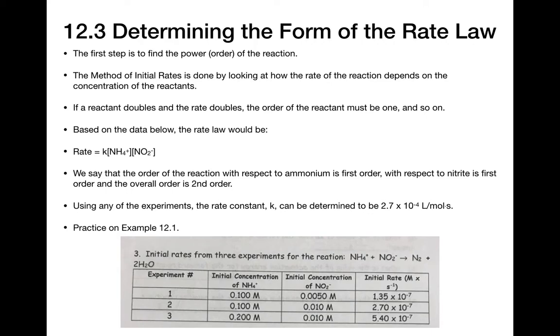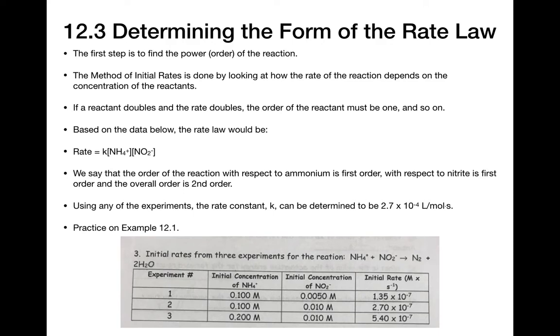If we begin to analyze this, we compare experiment 1 to experiment 2. For those 2 experiments, the concentration of ammonium is constant, 0.1 molar and 0.1 molar. The concentration of nitrite from experiment 1 to 2 doubles. It goes from 0.005 to 0.01.